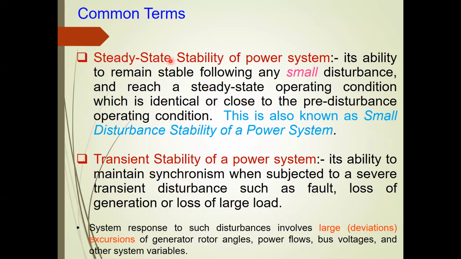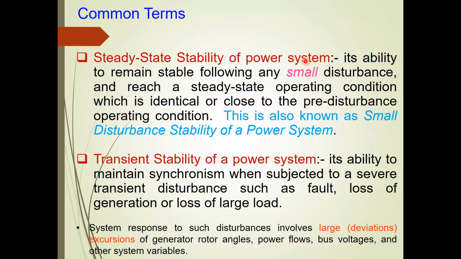Steady state stability refers to the ability of the system to remain stable following a small disturbance and reach a steady state operating point which is very close to the initial, pre-disturbance operating condition.